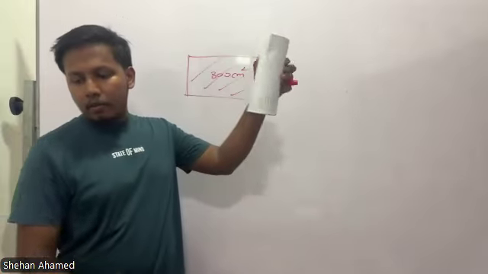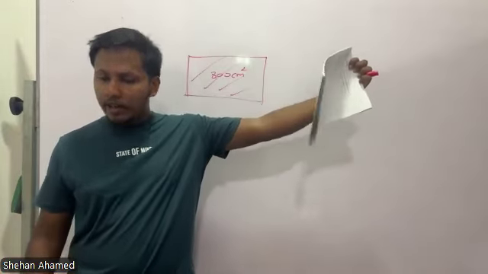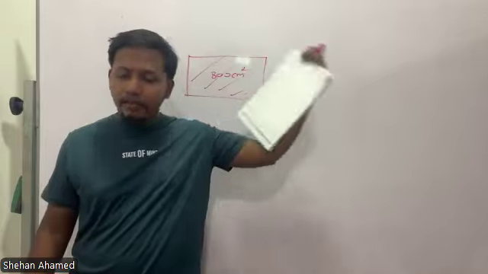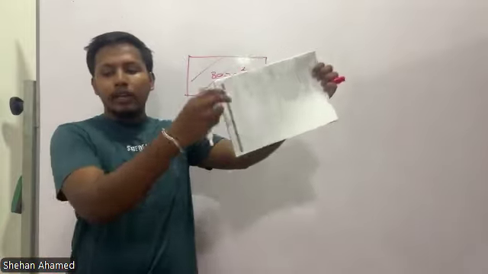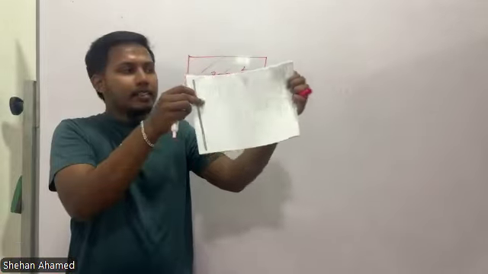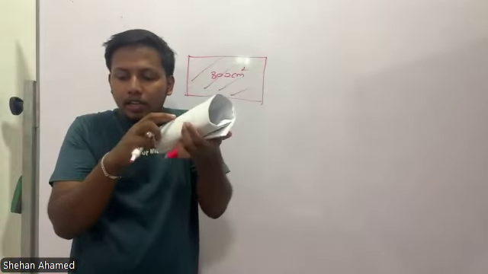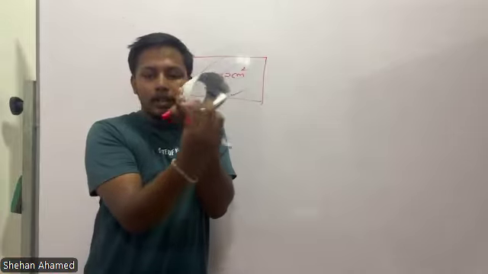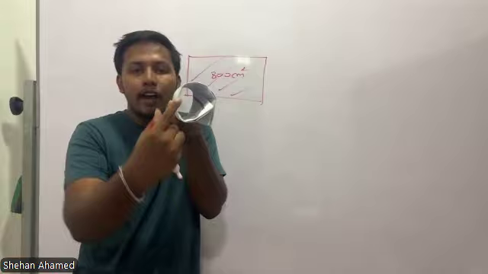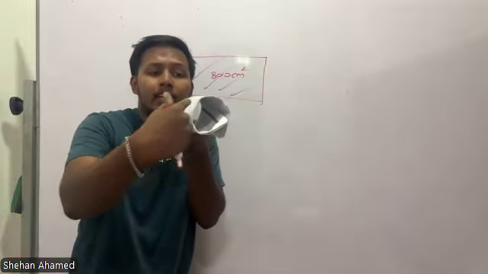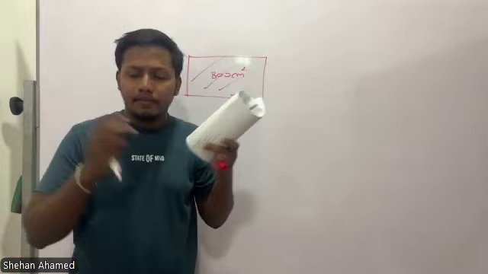This is a cylinder. But actually it's a rectangle. Now, this length is the only part curved into a circle. You can see here, it's a circle. So to find the length, if you find the circumference of the circle, it's enough.